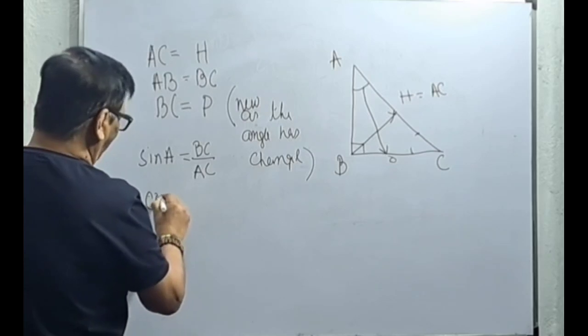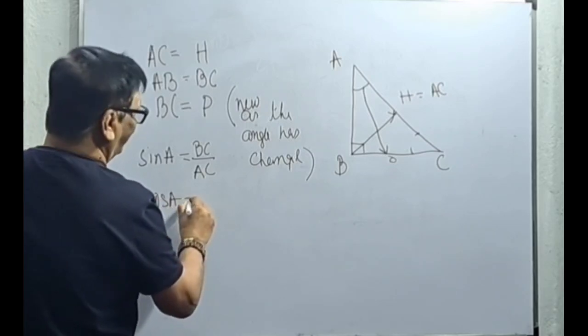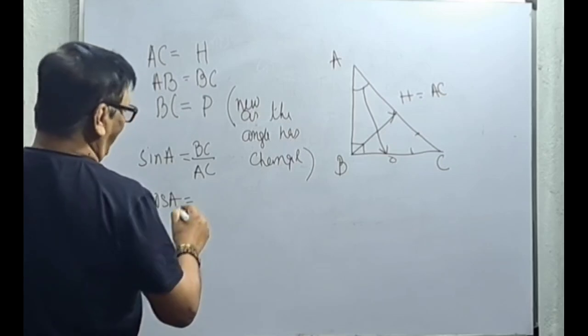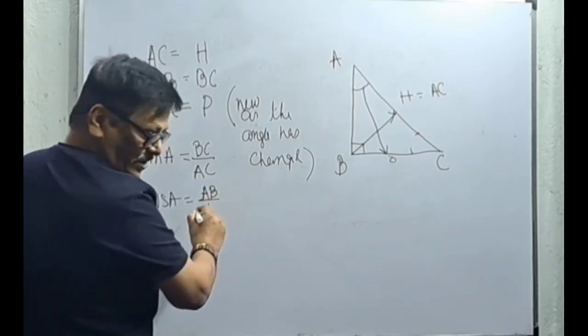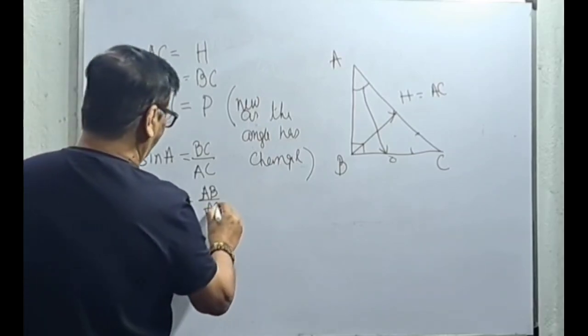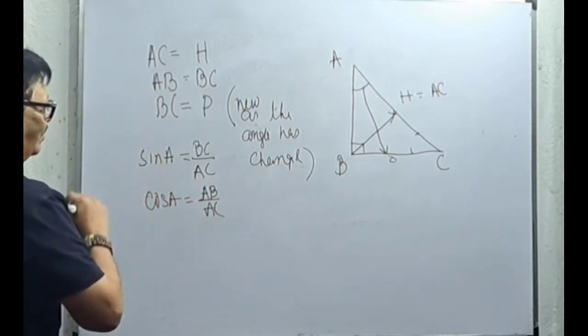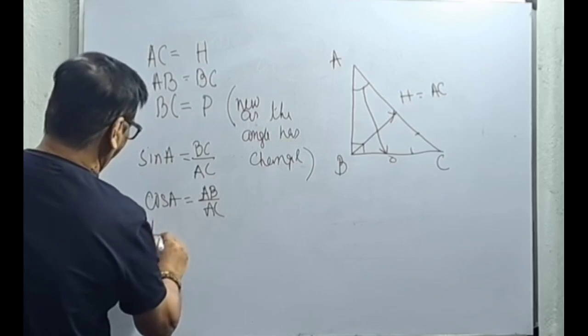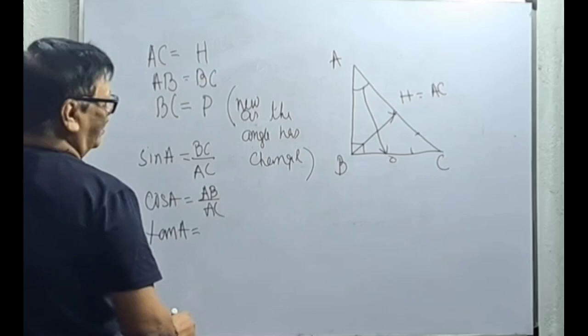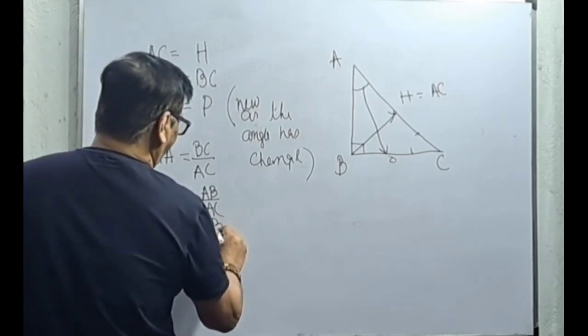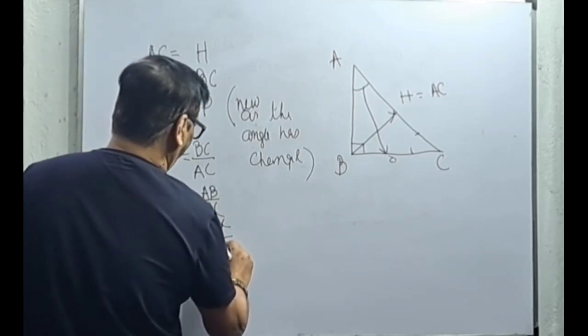Cos A will again change, it will be AB by AC, and tan A will also change, it will become BC by AB.